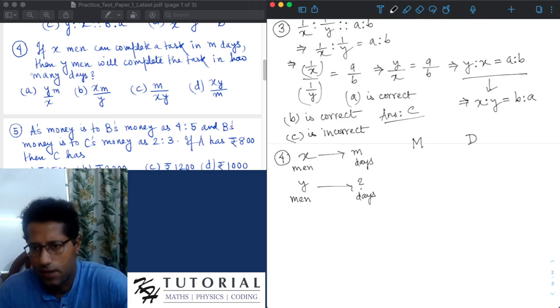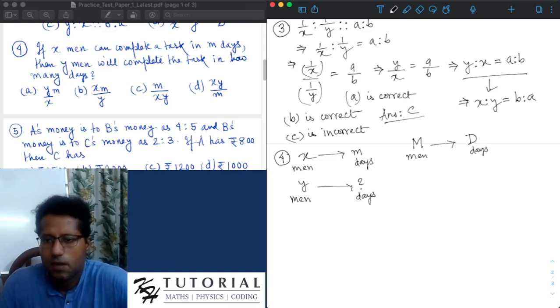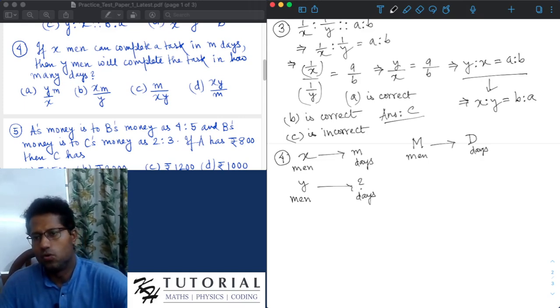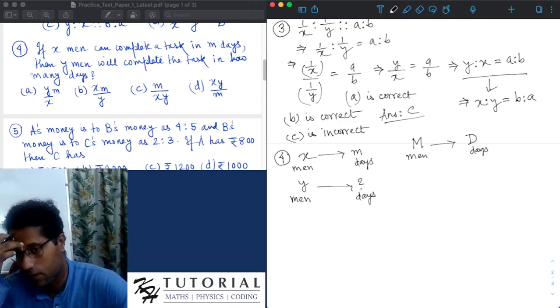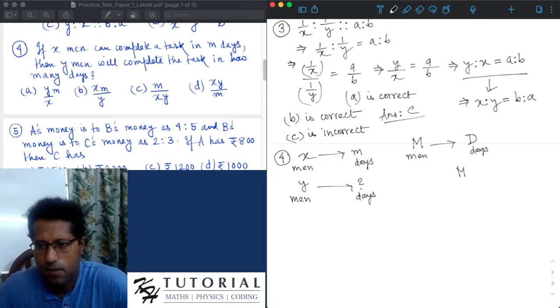If it takes m men to complete a particular kind of task in d days, now the number of men m is inversely proportional to the number of days.